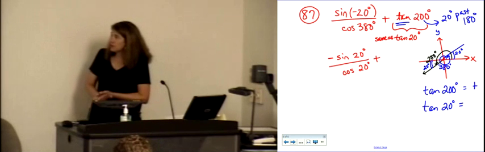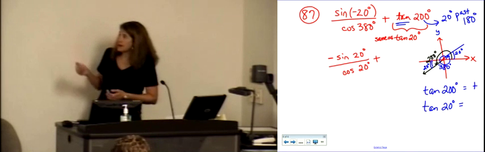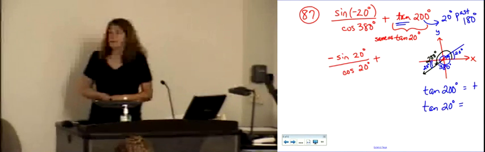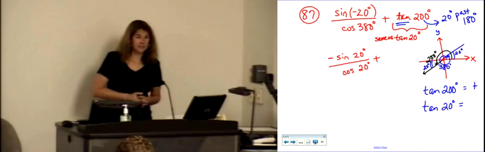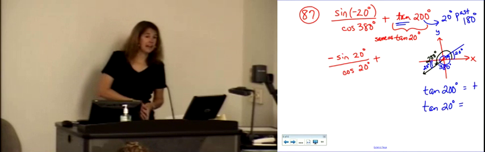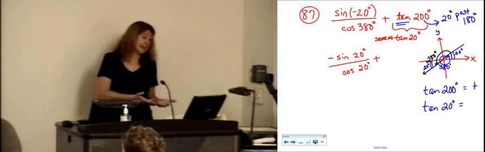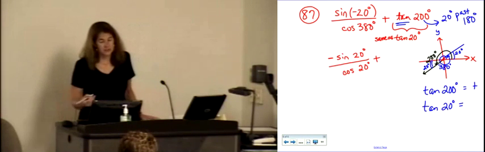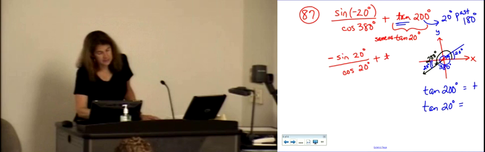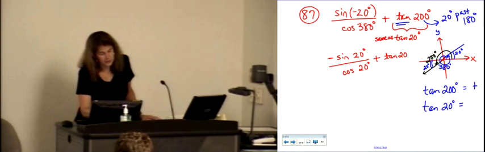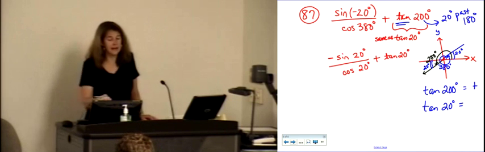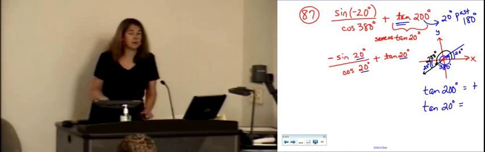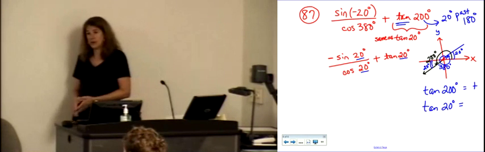We have one that's 20 degrees up from the 0 degree angle. We have one that's 20 degrees below 180. They both end up having positive tangents, and because of their locations, they have the exact same values. So the tangent of 200 degrees is the same as the tangent of 20 degrees. So we want to replace that so that all of our angles are 20 degrees here. We've got them all in the same angular measure now.